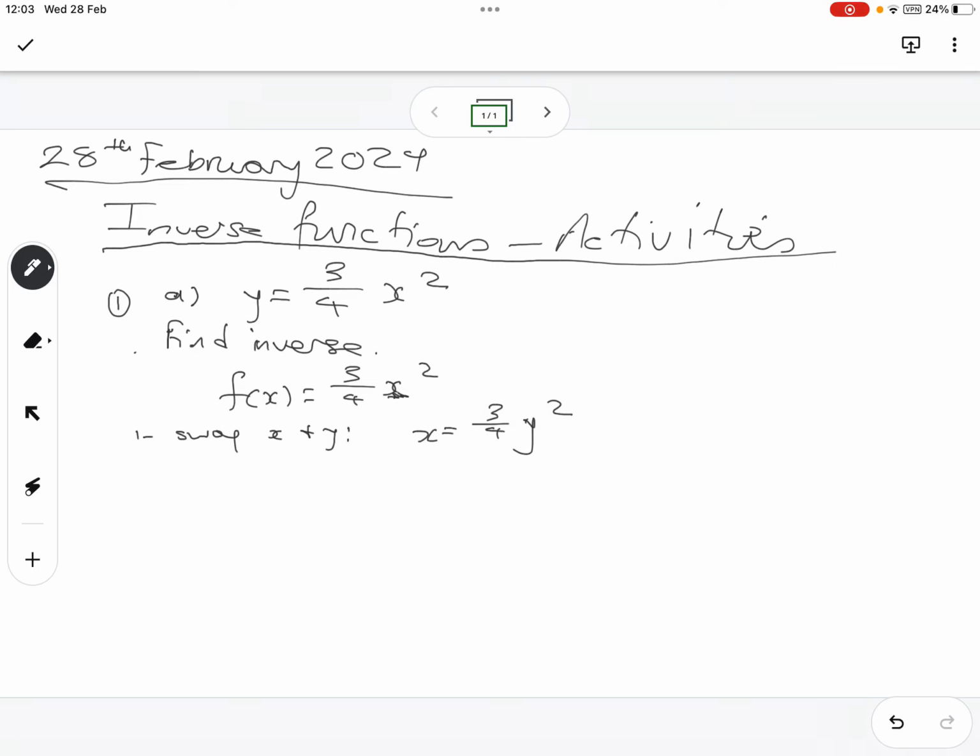And then we make y the subject of the formula, right? Yes. So 4/3 x equals y squared, then y equals, it's obviously the square root of x, and then there's also 2 over the square root of 3.